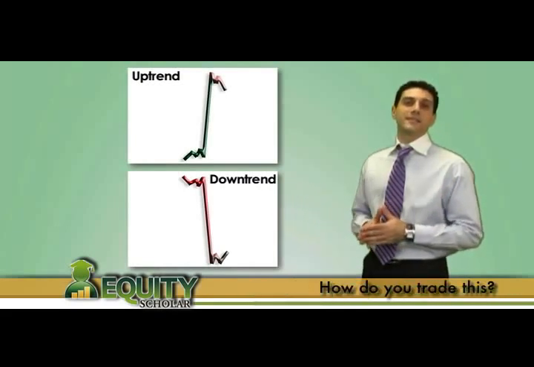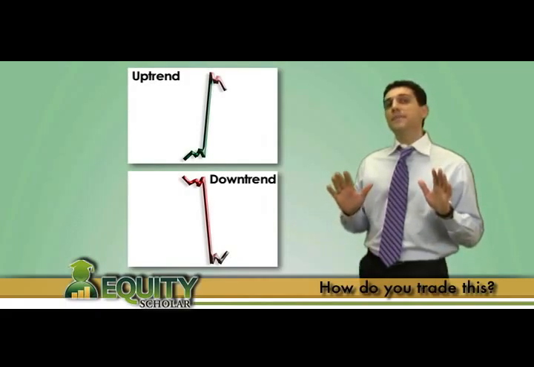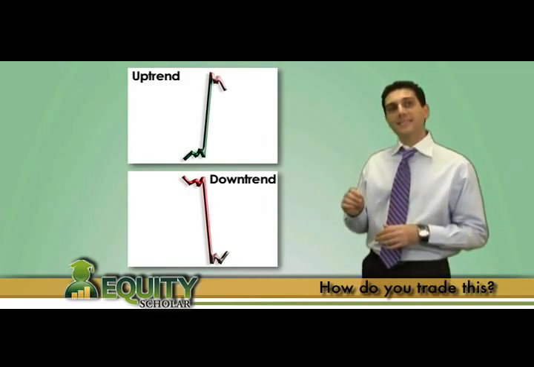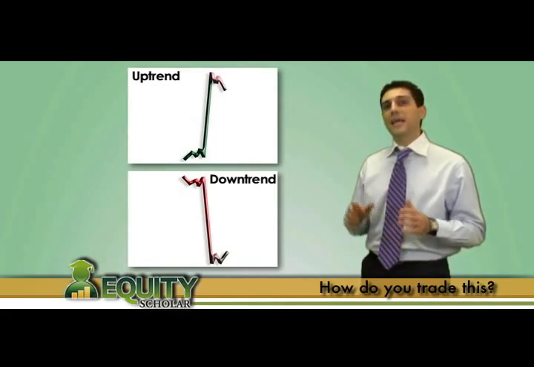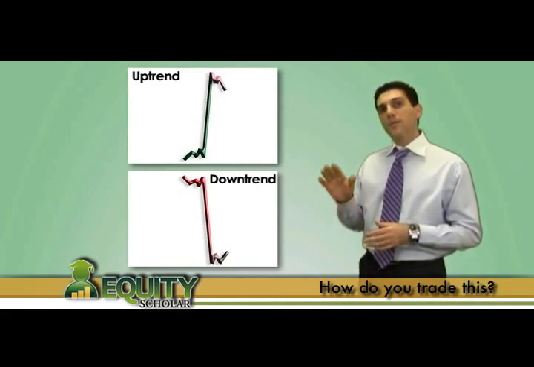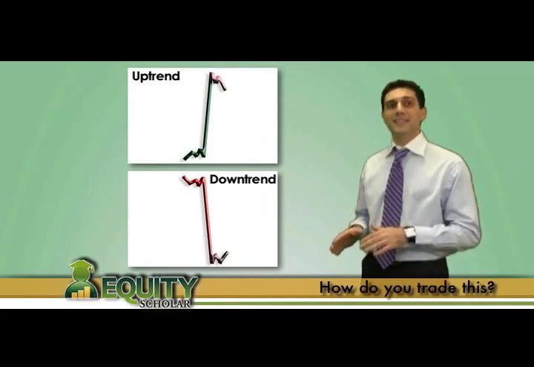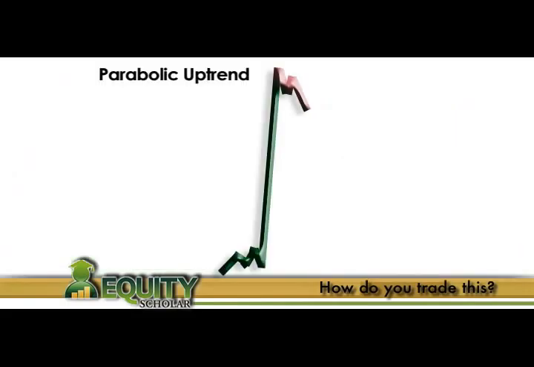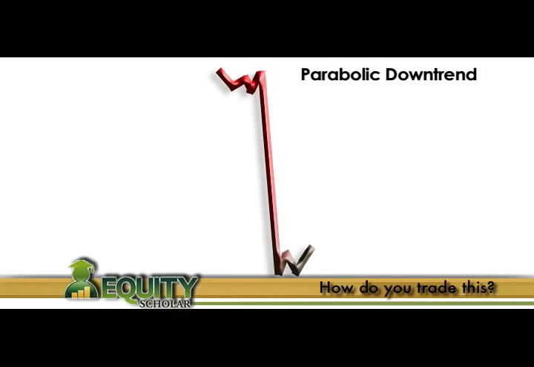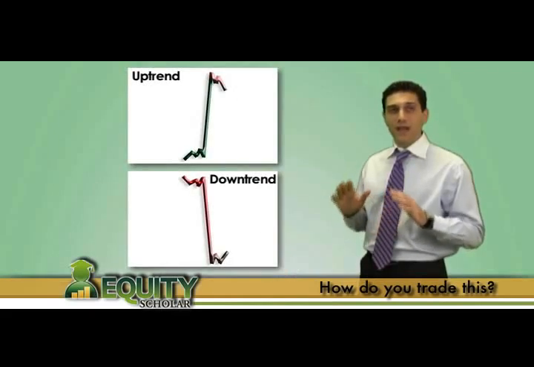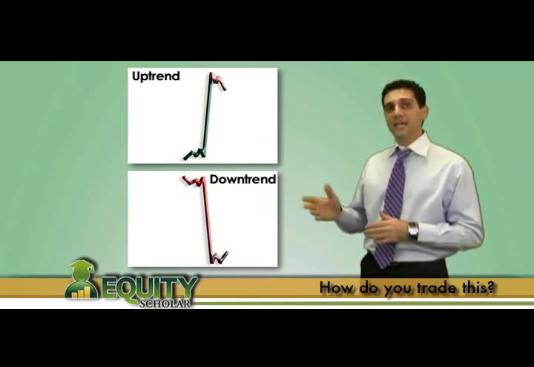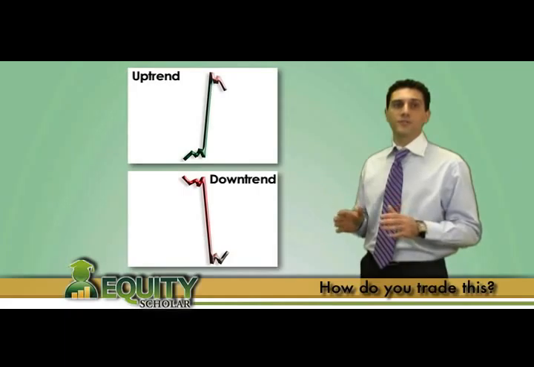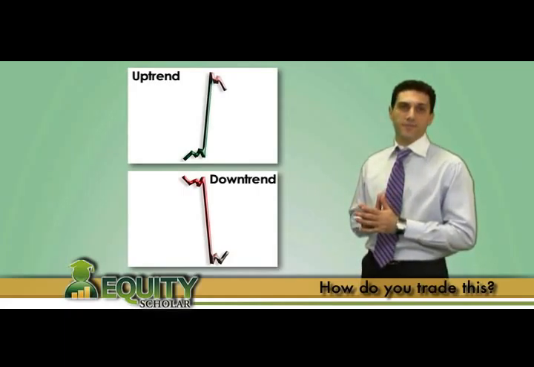So how do you trade this? Simple, with extreme caution. This is hands down the most risky pattern to trade, as you are attempting to reverse a major move. With parabolic reversals, exits should be placed at new highs in an uptrend and new lows in a downtrend. But keep in mind, those exits can be violently breached by erratic price action. However, due to the extent of the move itself, these parabolic reversals can be extremely profitable.